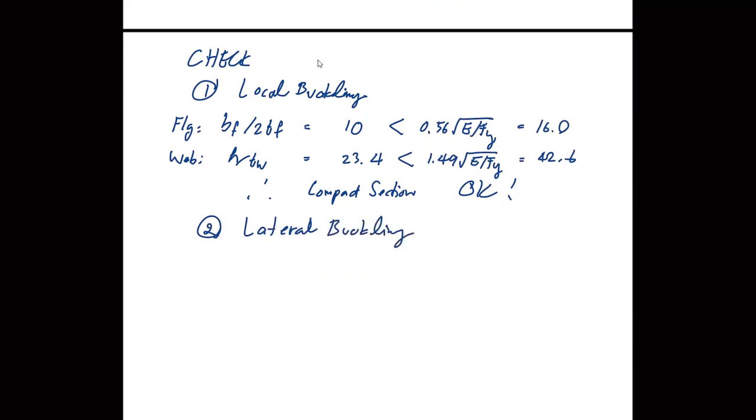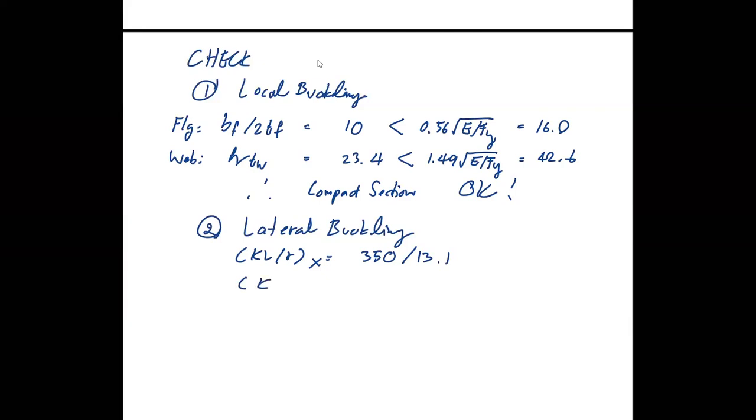So again, we now should check both KL over R, even though we know. Your KL over R in X direction, that's 350, with the unit change already, divided by 13.1.